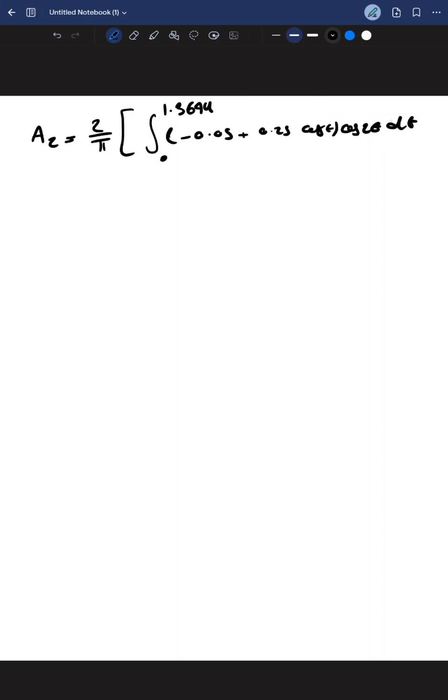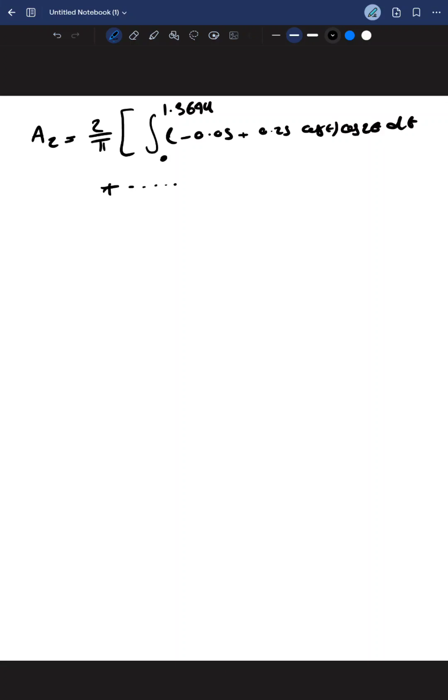So A2, if you plug the things in, is 2 over pi integral from 0 to 1.3694 of negative 0.05 plus 0.25 cosine of theta multiplied by cosine of 2 theta d theta. And then I'm not going to write the rest of it. The rest of it is essentially the same thing with different numbers as coefficients.